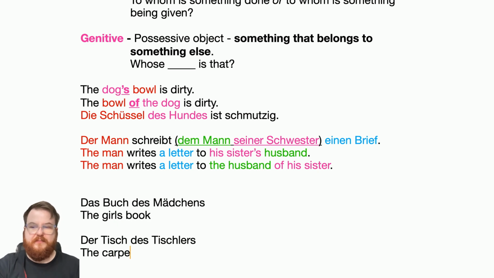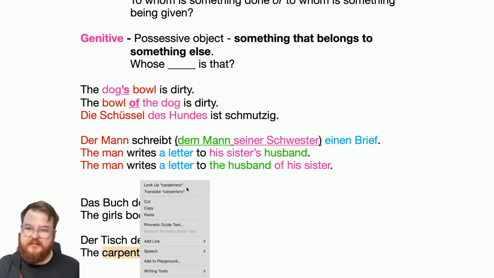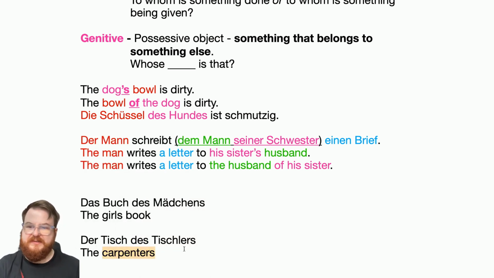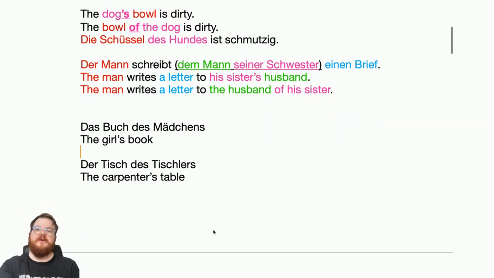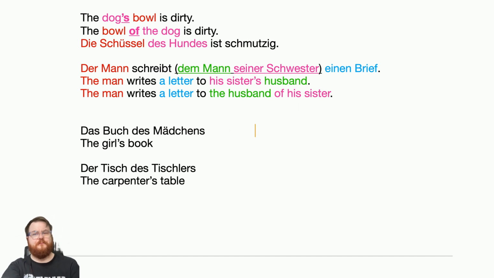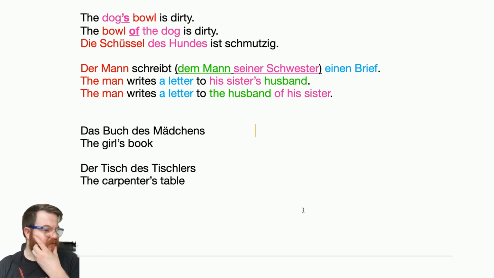The carpenter's. Did I spell that correctly? Did spell it correctly. The carpenter's table. I didn't put an apostrophe in the first one. The girl's book. Let's do some other. Was sagen wir dann jetzt?